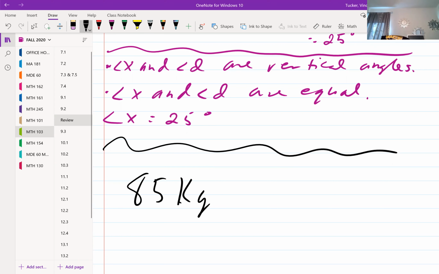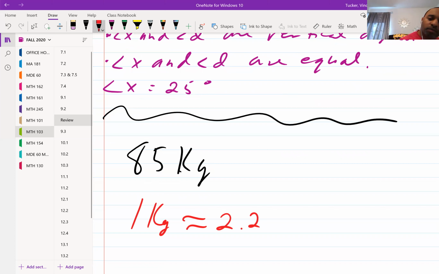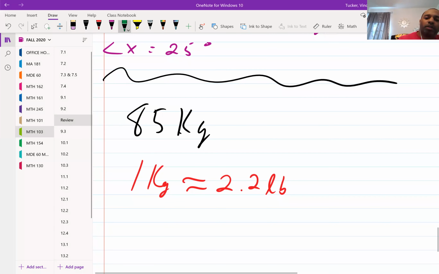All right. So there's 1 kilogram, 2.2 pounds. For 1 kilogram, there are 2.2 pounds.